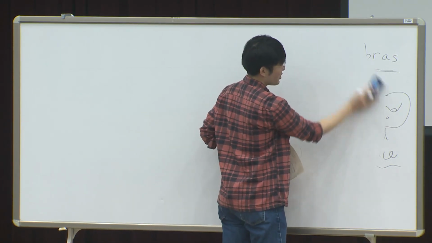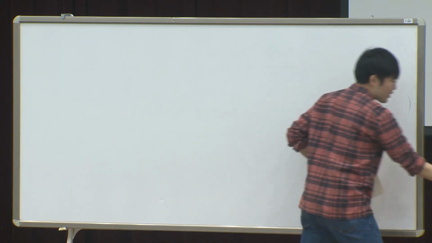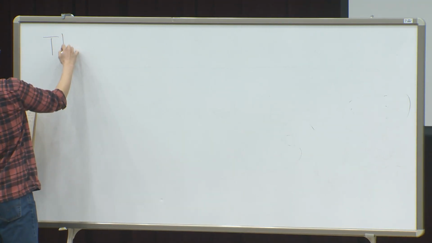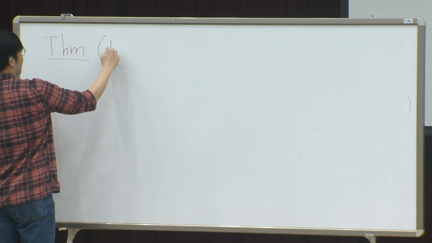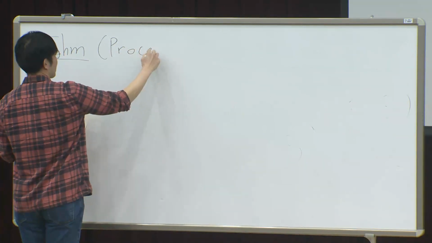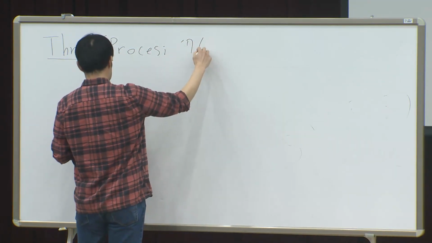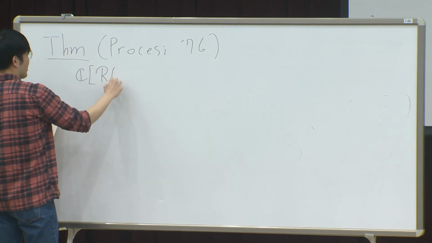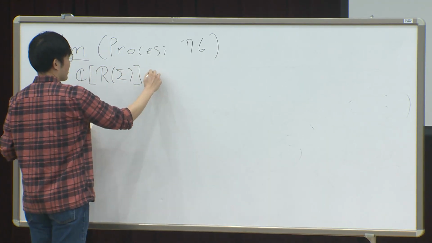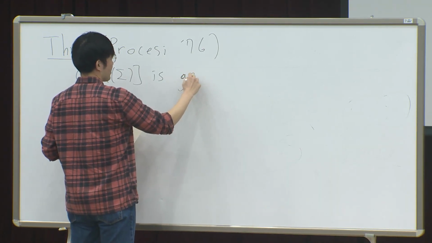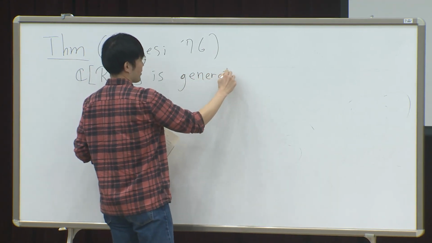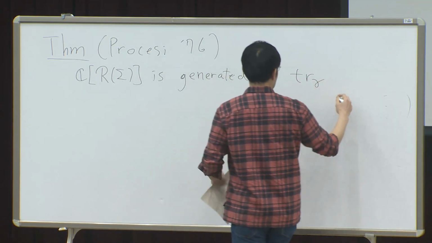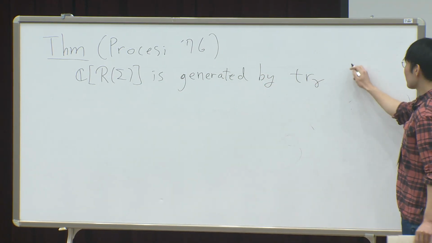Well, he proved a more general theorem, but in this case the theorem, Procesi '76, is that this algebra of regular functions is generated by these trace functions, but you have to take all possible loops.